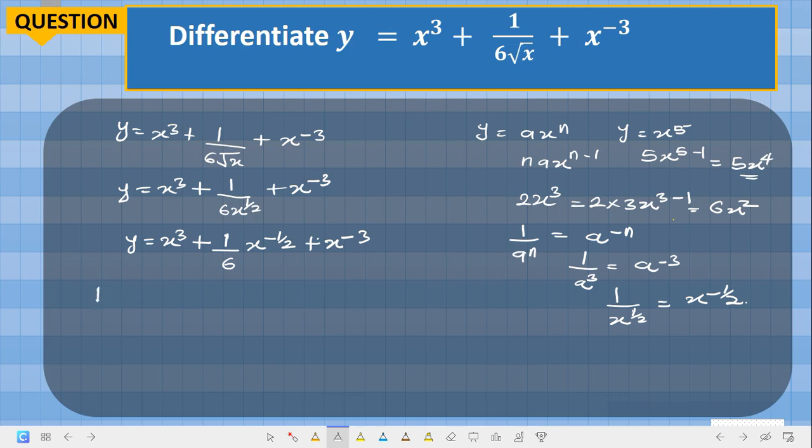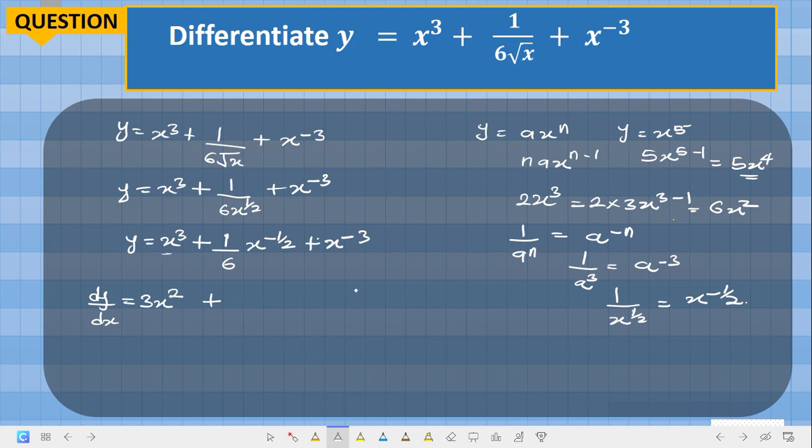We find our dy over dx, and this will give us, if you differentiate s raised to the power of 3, 3 times 1, which is 3, then s, subtract 1 from the power, here becomes 3s squared.